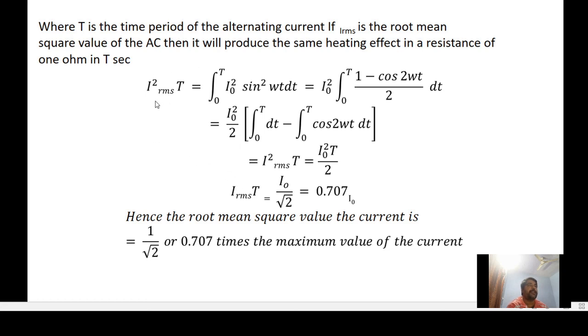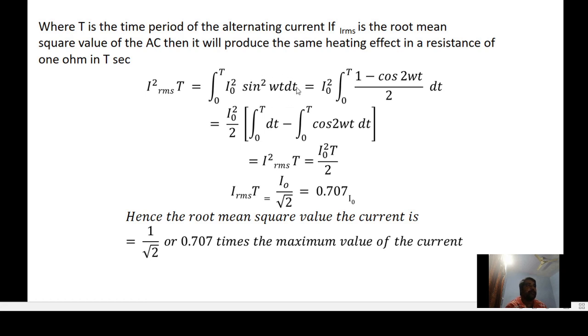Then that expression becomes I square RMS into T is equal to the integration from 0 to T, because here we calculate the effective value or RMS value over a complete cycle. So that's why we integrate the term from 0 to T, I naught square sin square omega t into dt.